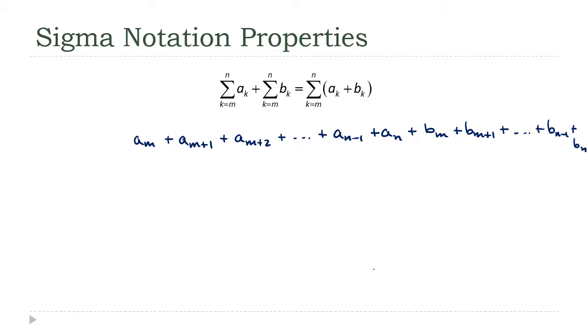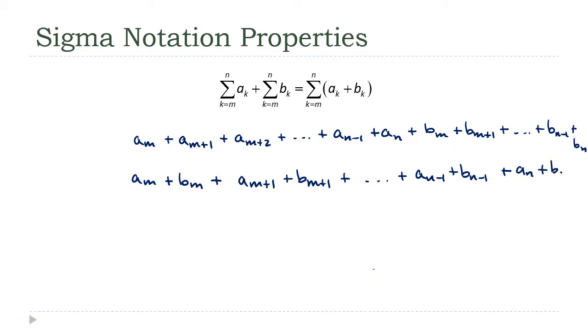So this will be a sub m plus b sub m plus a sub m plus 1 plus b sub m plus 1 plus so on out to a sub n minus 1 plus b sub n minus 1 plus a sub n plus b sub n. Now, if we kind of group these, you see what this is saying to do.